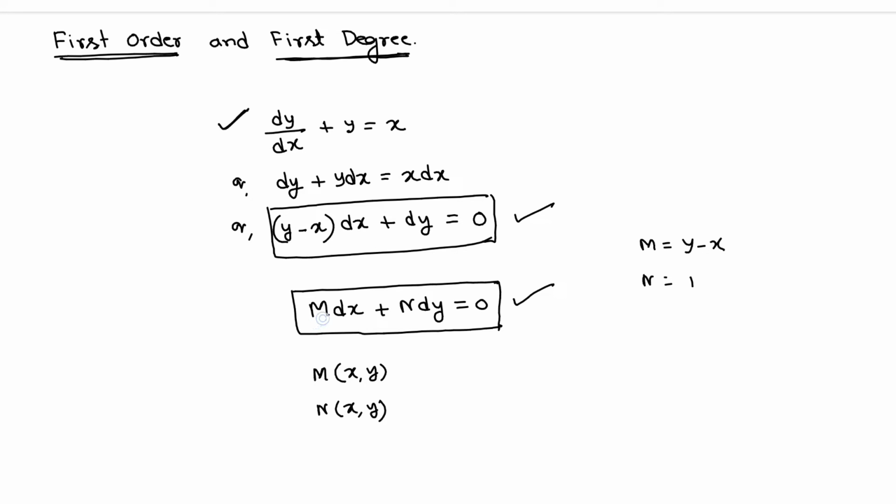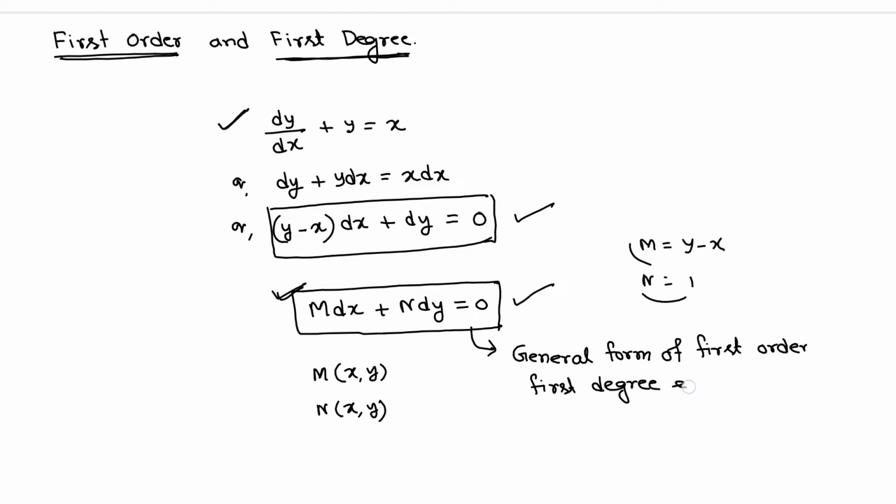So in this equation M = y - x and N = 1. So we can see that any first order first degree differential equation can be written in this form M dx + N dy = 0. That's why this is called the general form of a first order first degree equation.